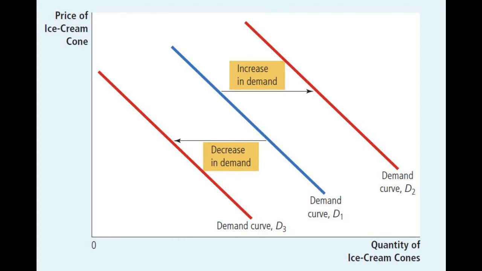We can remember that tastes, consumer preferences, can affect demand. And it's worth mentioning that expectations about the future can affect demand. So we talked in class about the example of gasoline, right?